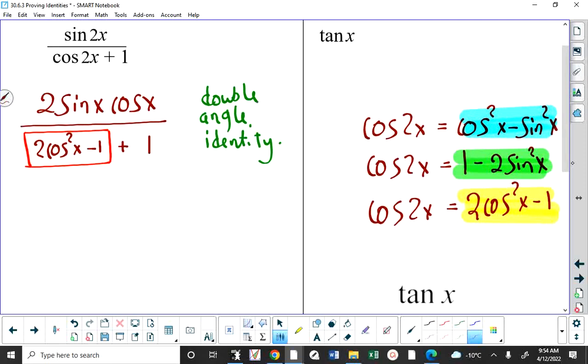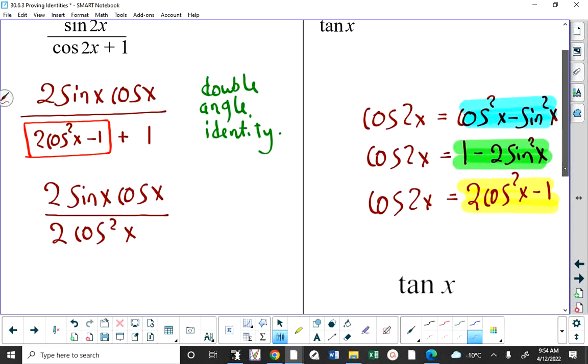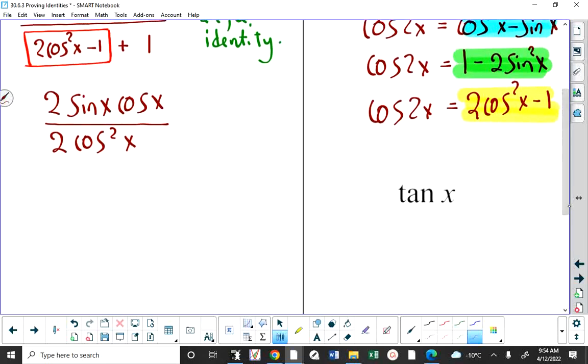You don't need to write that double angle identity twice in green. So what we end up with is 2 sine of x cos of x over 2 cosine squared of x. And I don't think most people need me to write this way, but I'm going to.